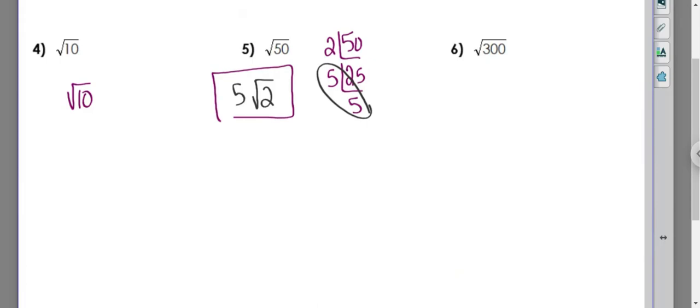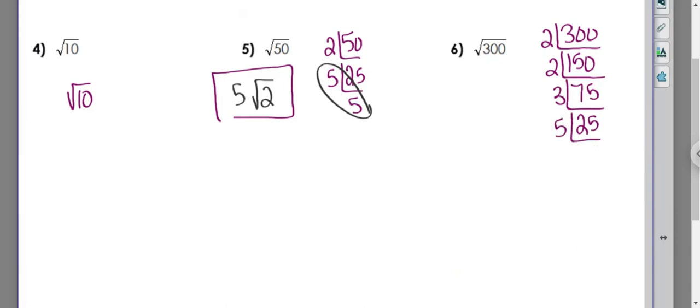So number 6 with 300, divide that by 2. We have 150. I can keep dividing that by 2. Gives me 75. When I divide that by 3, I have 25. And there's a pair of 5s there.